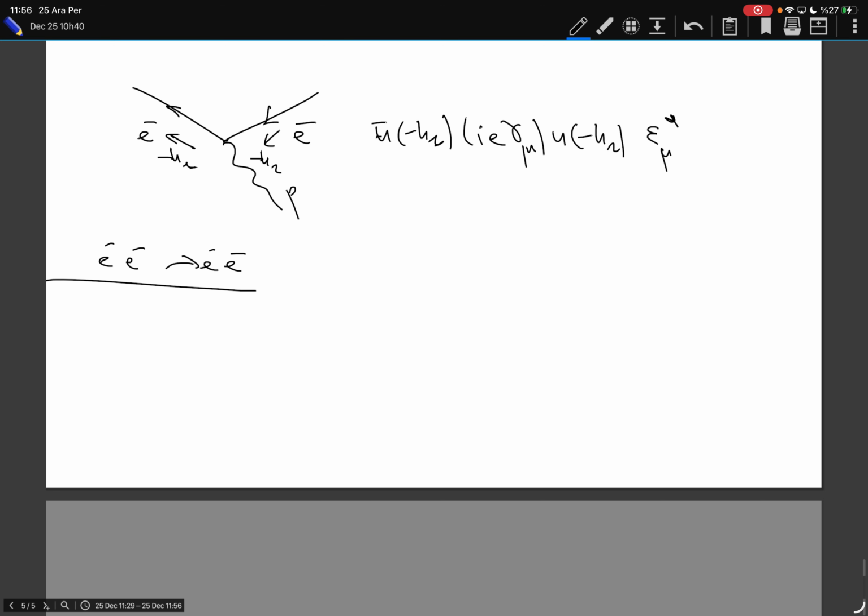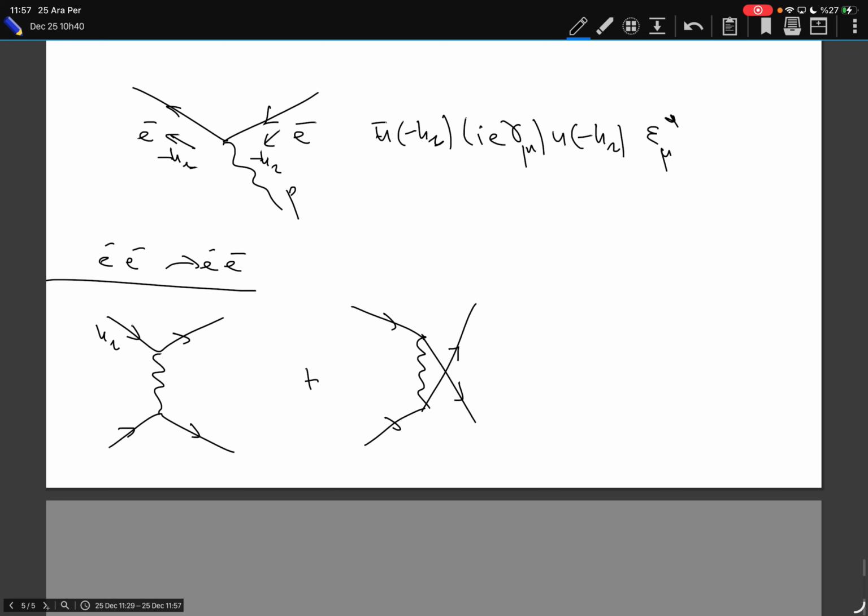Well, there are two diagrams we have. This one and this one. Oops, sorry. Let me name the momenta.